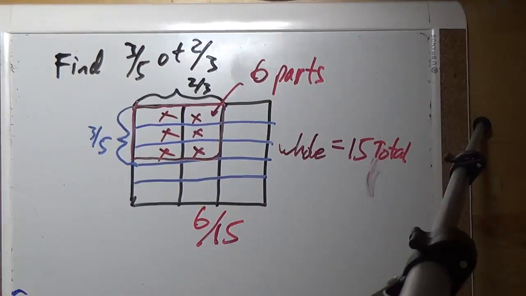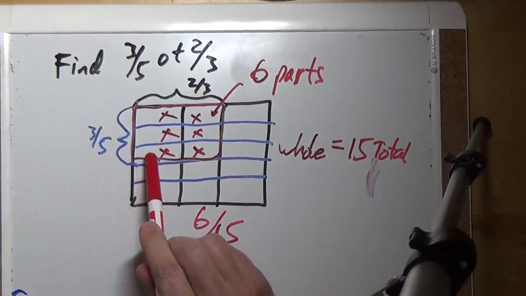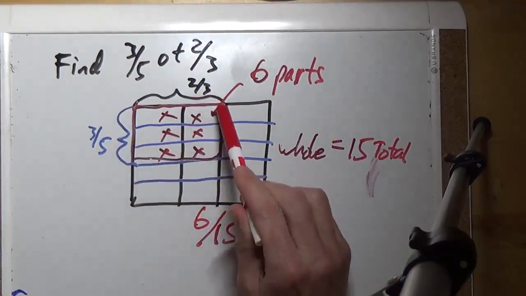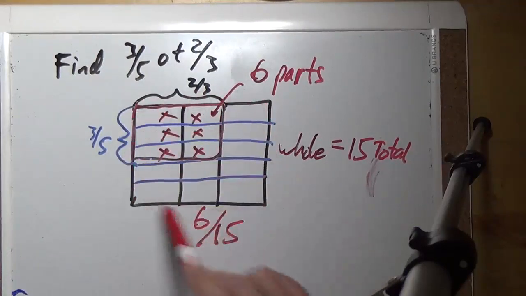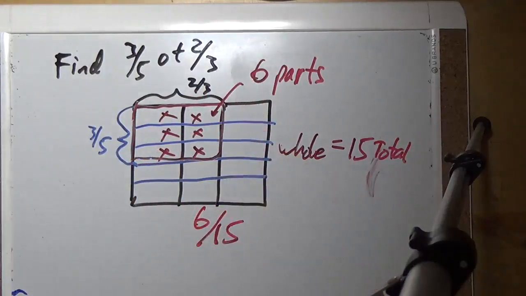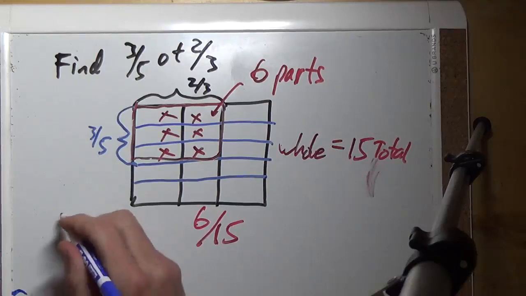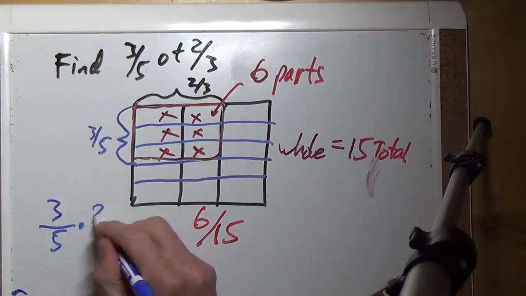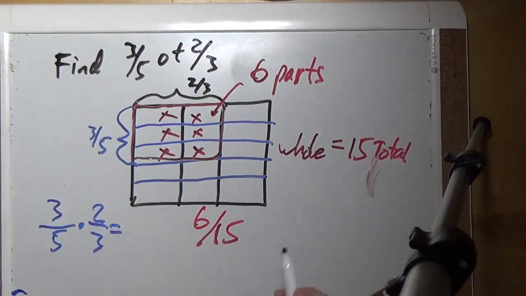Now, the of means this picture. I'm taking 3/5 of 2/3. It gives me this much of my whole. So here's where the multiplication comes in, and this is why you've always used the word of to mean multiply, is because when I do this, look what the 3 times 2 gives me.